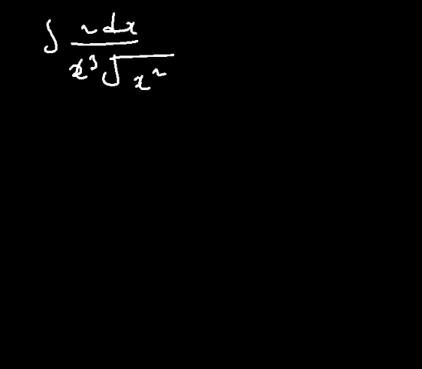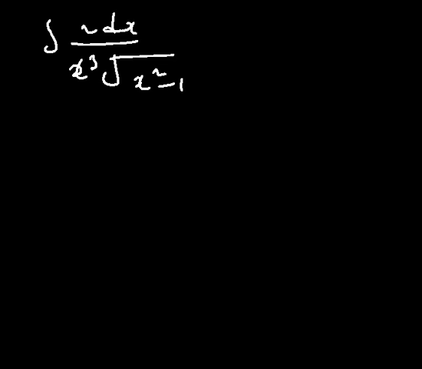And also we should try this: the integral of 2 dx divided by x cubed times the square root of x squared minus 1. That's like that. Try that one as well.